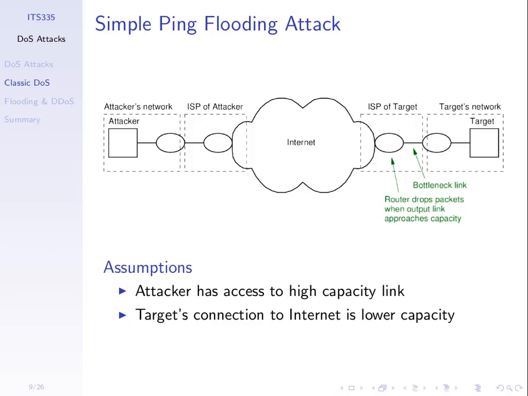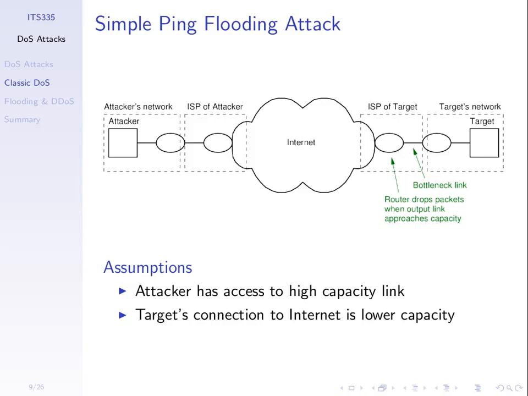Now, let's assume that in terms of the links between the attacker and the target, the slowest link across that path is this one leading into the target's network. Let's say that's what we call the bottleneck link, the slowest one.